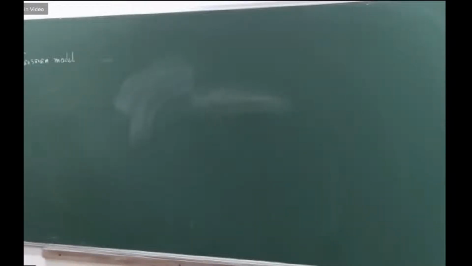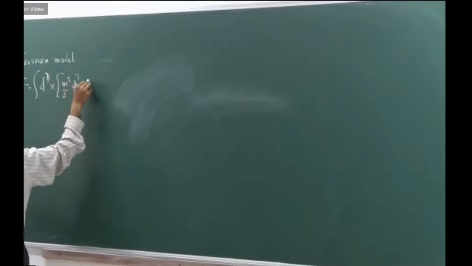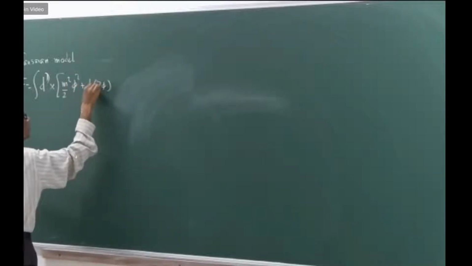So what we were talking about is the Gaussian model, where the free energy is given by F, which is the integration over all space of m square by 2 phi square plus half grad phi whole square.